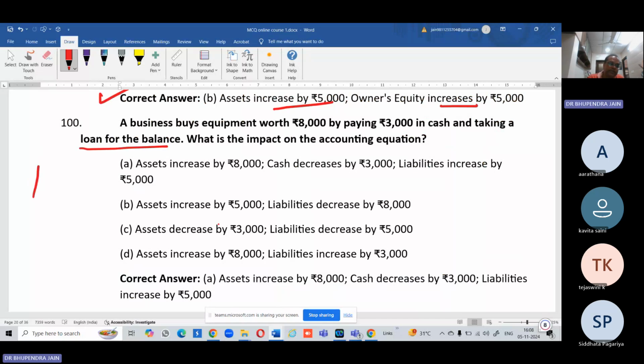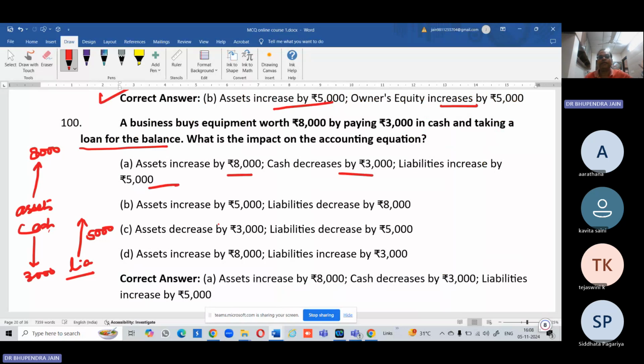So whenever you purchase the asset, assets will increase by rupees 8,000 and cash decrease for rupees 3,000 and liability increase by rupees 5,000. Asset increase 8,000, cash decrease 3,000, liability increase 5,000. So this is the correct answer.